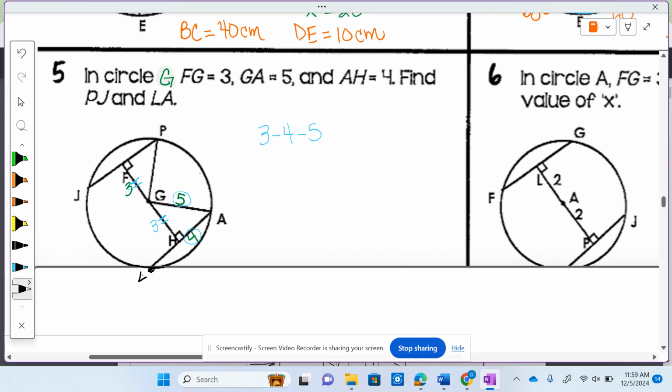So if the segments are equidistant, then the chords are congruent. So if this is 4, this is 4. And if this is 4, this is 4, because these come from a radii. We know that because radii are perpendicular to the chords. So JP is 8. And LA is also 8.